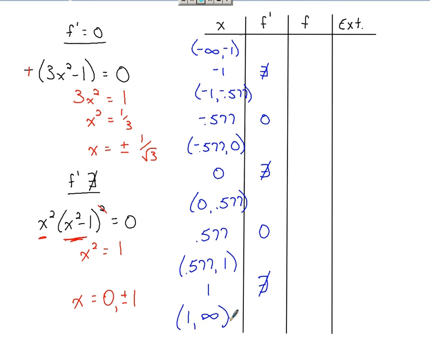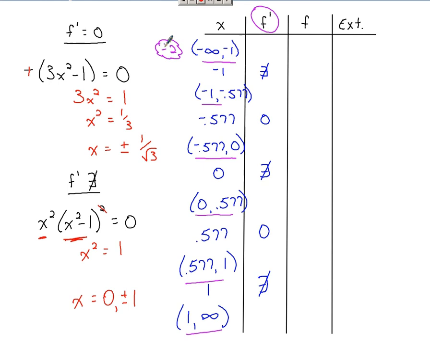So at this point, we've got our intervals set up, and we are taking values on each of these intervals. We are plugging in to the first derivative to see what kind of answers we get back. So I've got to take a number, for instance, on that first interval from negative infinity to negative 1, something less than negative 1. So I choose negative 2.